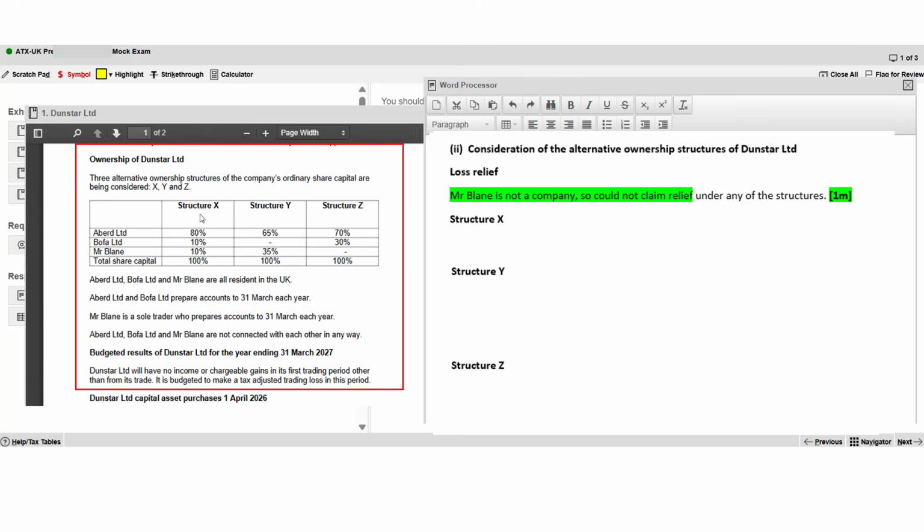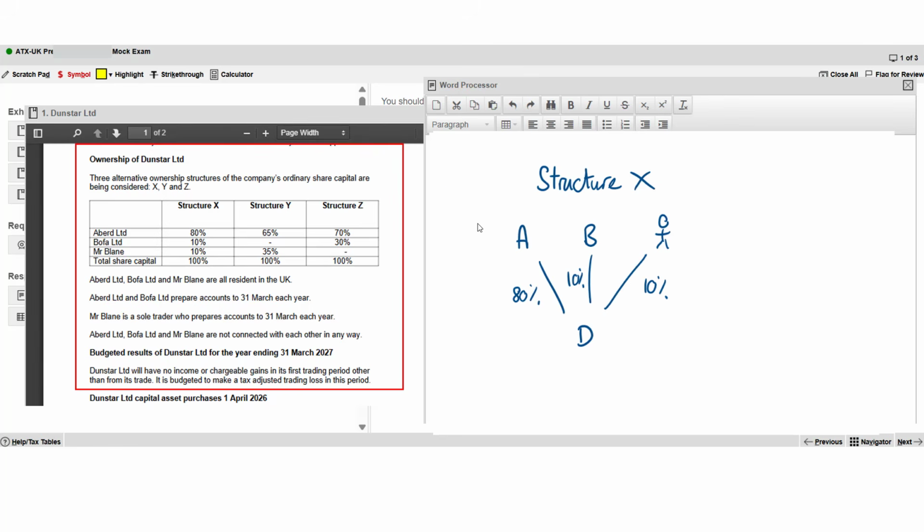And then I would go through each of these 3 structures, but before we do that, let's just think about that first one, structure X. So we've got the shareholdings. Just drawing a little diagram here. A owns 80%, B owns 10%, and Mr. Blaine owns 10%.